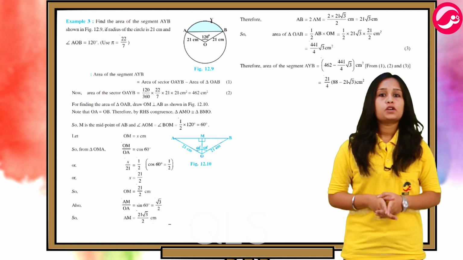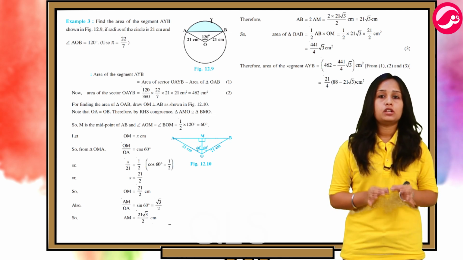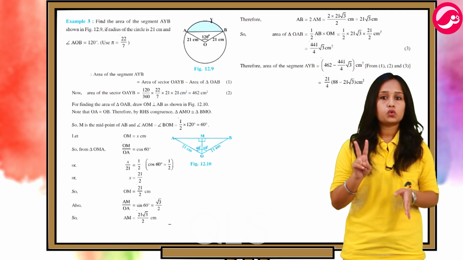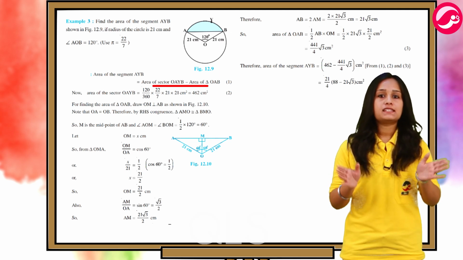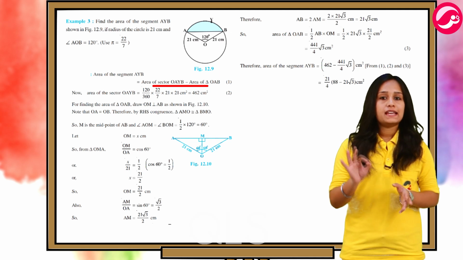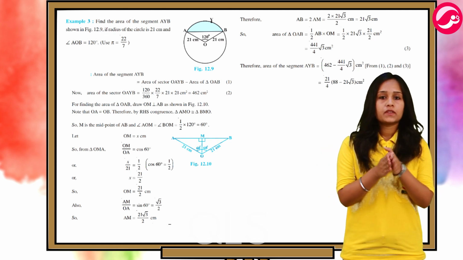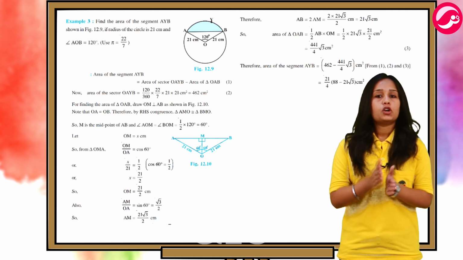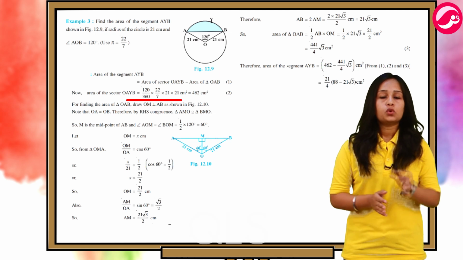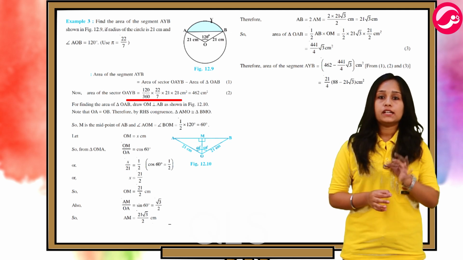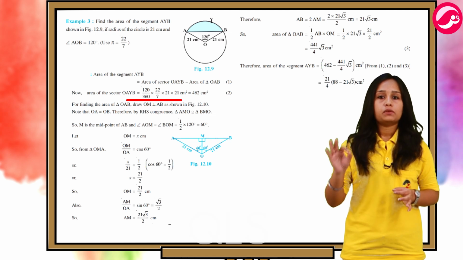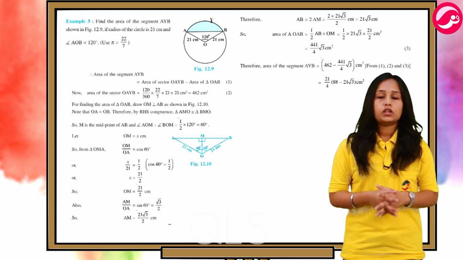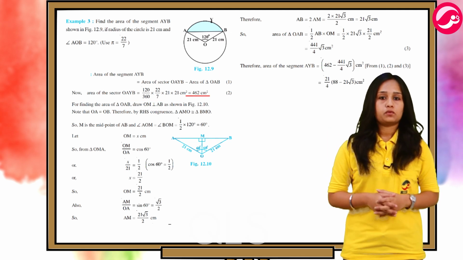So area of the segment AYB, as we learnt, area of segment is found using two other formulae which are area of sector OAYB minus area of triangle OAB. इसे हम लिख लेंगे as equation 1. Now area of the sector OAYB is equal to 120 by 360 into 22 by 7 into 21 into 21 centimeter square, that is equal to 462 centimeter square.